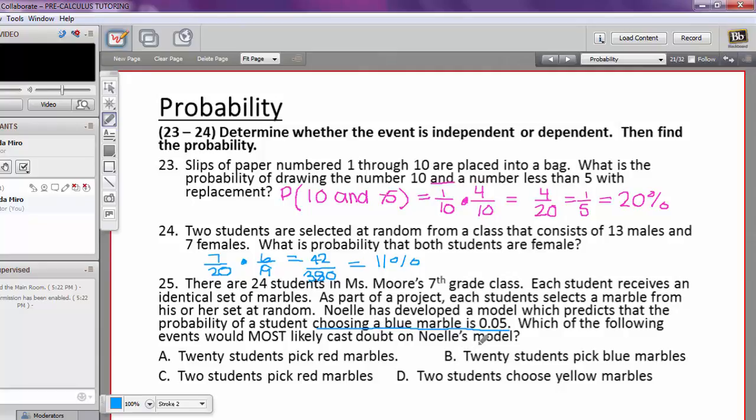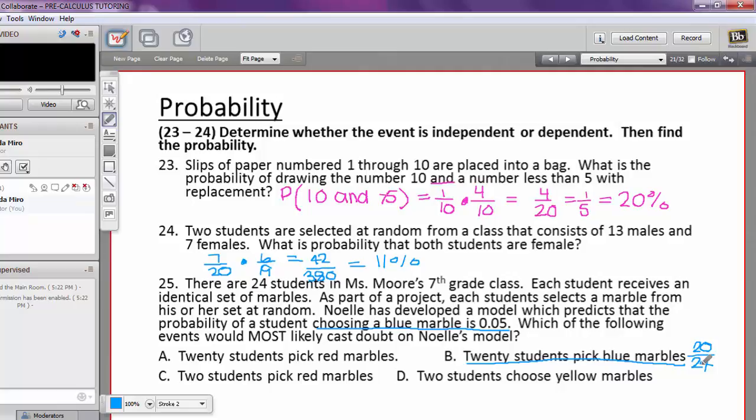Well, the first thing is that Noelle's model has to do with blue marbles. So I'm going to look at my answer choices that have to do with blue. Well, it says that 20 students pick blue marbles. If that was the case, we'd have 20 out of the 24 students pick blue marbles.